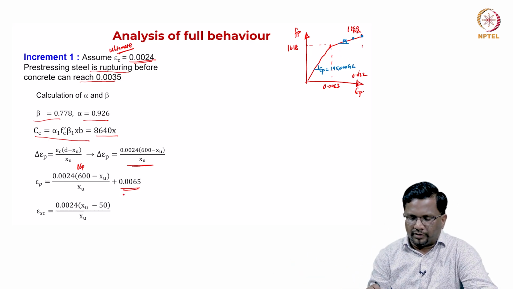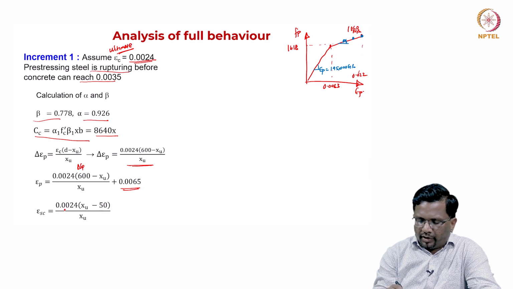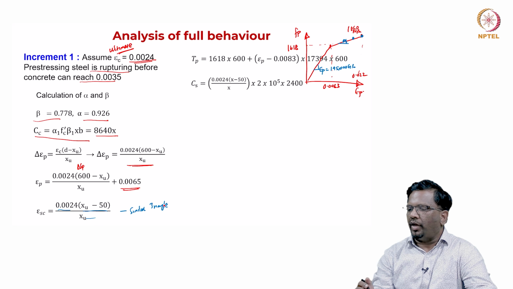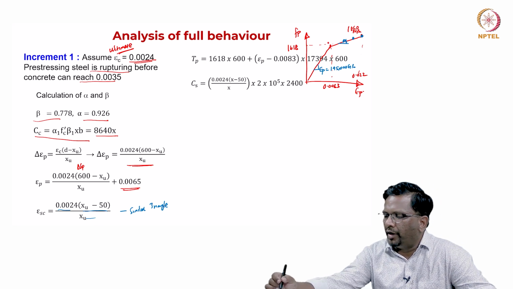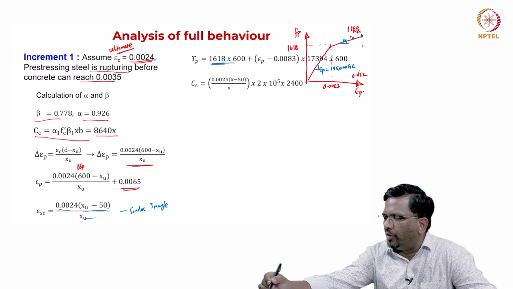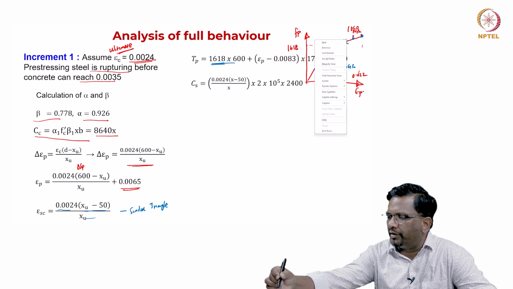And epsilon SC, similarly, you have a compression steel also; again from strain gradient I can take this, again from similar triangles, right. Now what is TP? You see here, this force has already reached. Now I want to do this incremental thing only. So I am somewhere here or here or here, right.